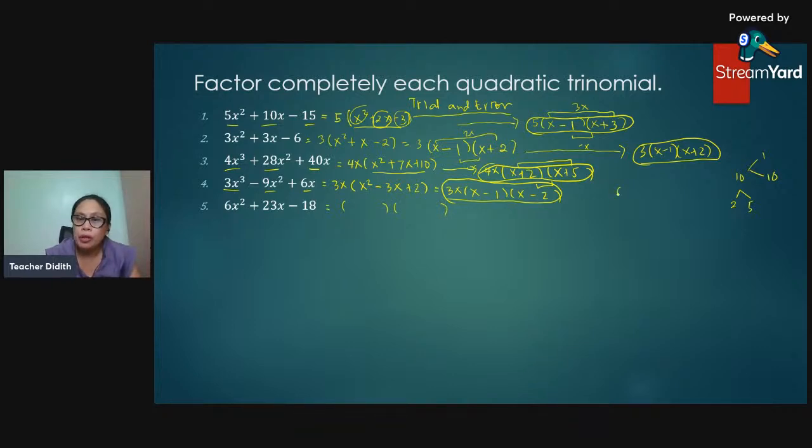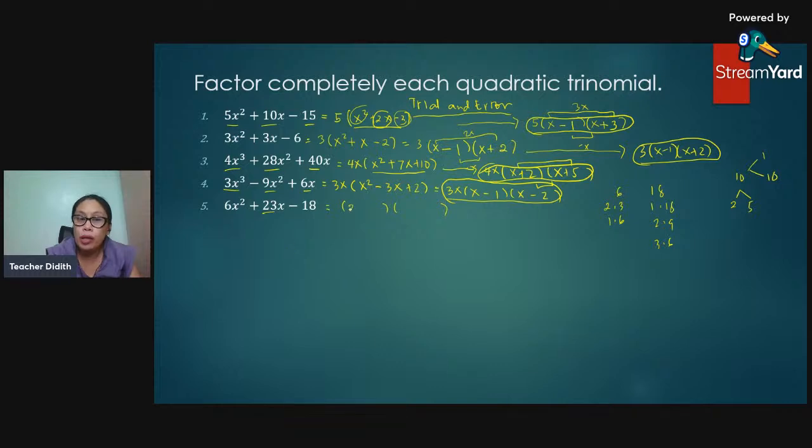So here, the factors for 6 are 2 and 3. We have 1 and 6. For 18, we have 1 and 18. We have 2 and 9. We have 3 and 6. So we only have 3 pairs. But this is 23x. Okay?